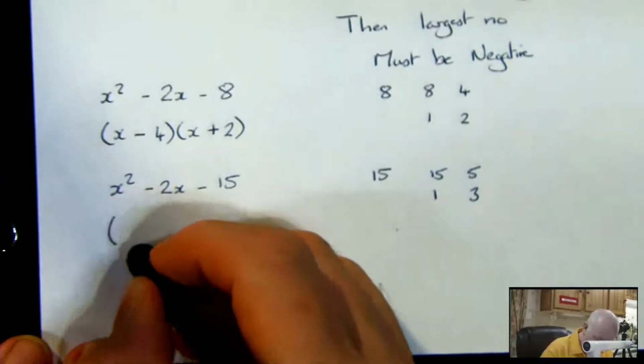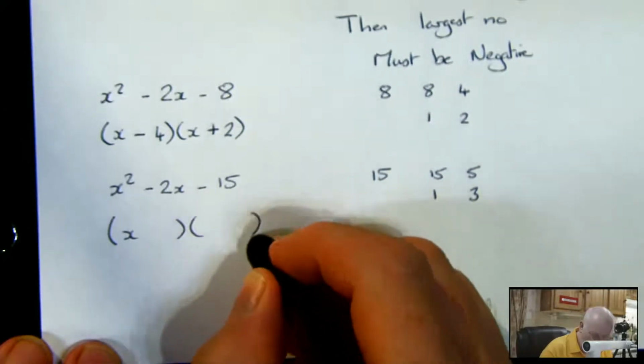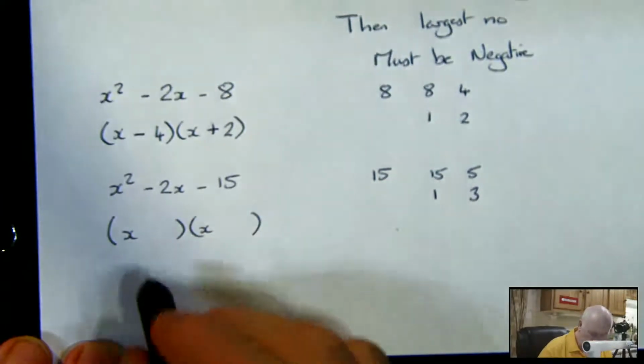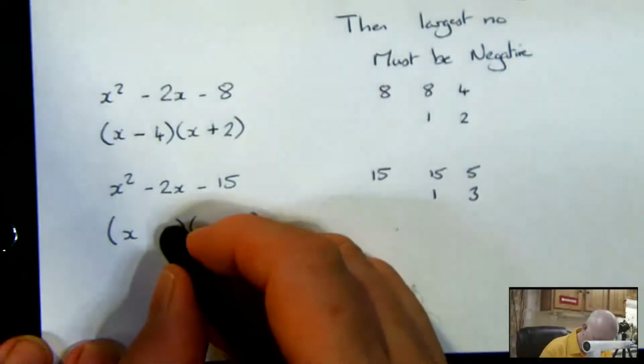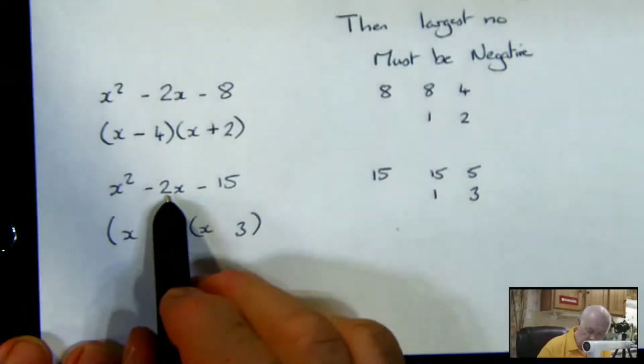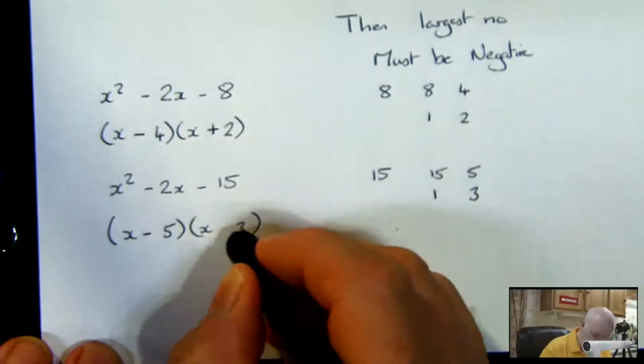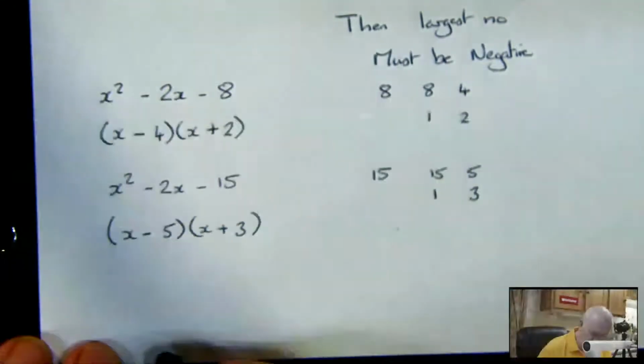So let's put down our x's. And now my factors are 5 and 3. My middle number is negative. The largest number, therefore, must be negative. And this one is positive.